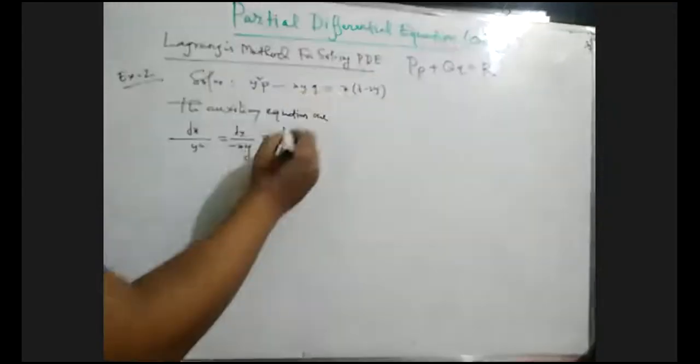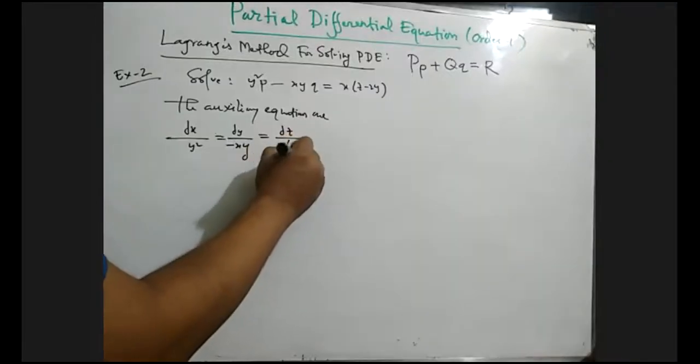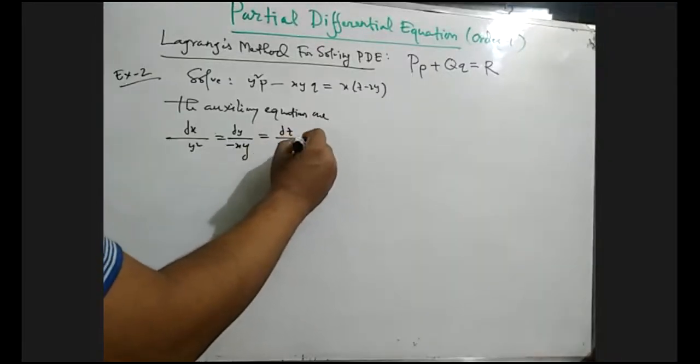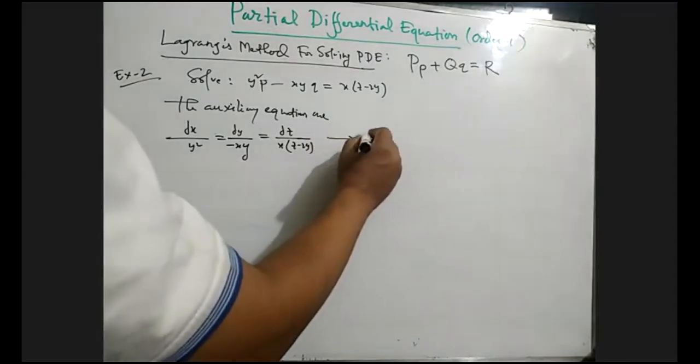Comparing with the Lagrange method, x into z minus twice y. Okay, this is the auxiliary equation. Suppose this is equation number 1.